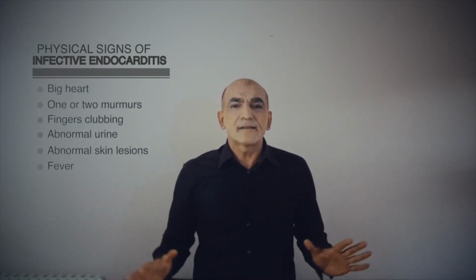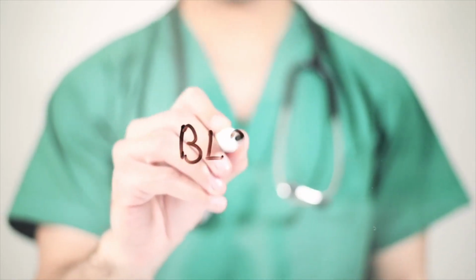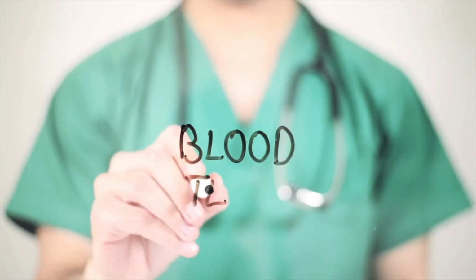Having seen all this, you want to diagnose this illness quickly. So I'm going to talk to you a little bit about the diagnosis. How do you diagnose this? And why is it important? Well, there are two things you can do. Absolute proof depends on getting an organism from the bloodstream.